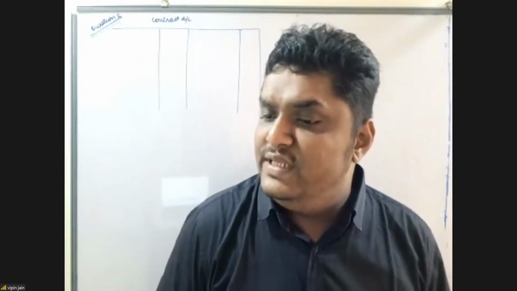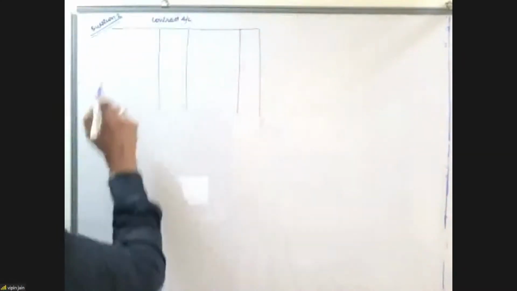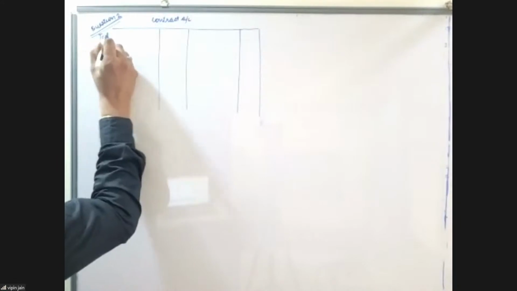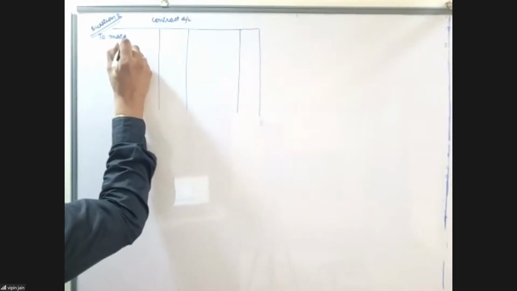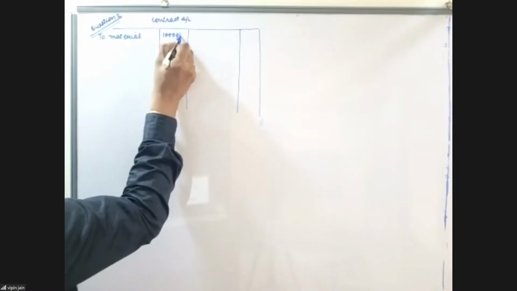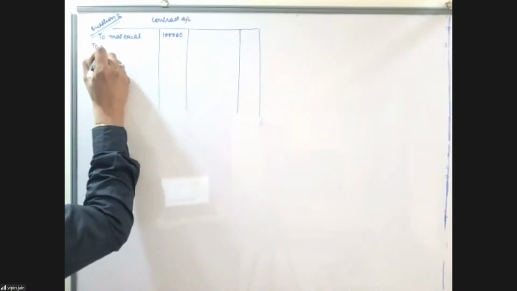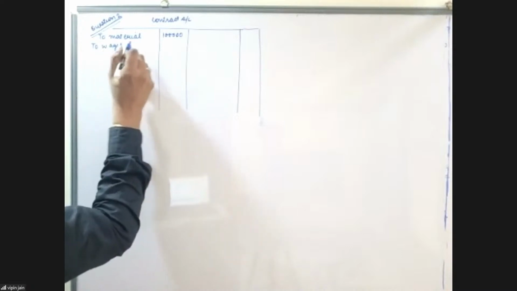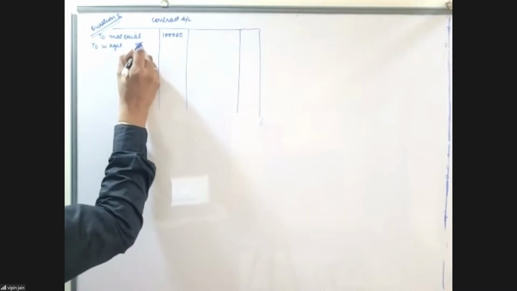Material is 1 lakh, wages is 45,000 and outstanding wages are 5,000. So to material is 1 lakh, to wages paid is 45,000.